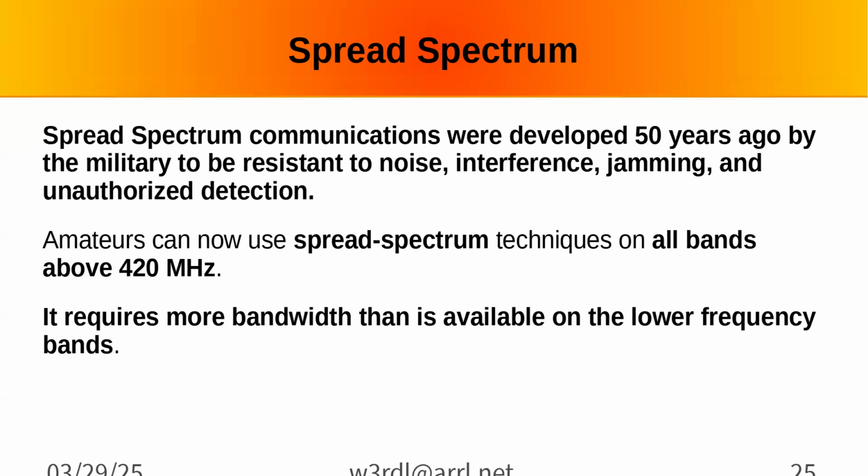They both use very wide bandwidths, which is why it's called spread spectrum, because you'll see multiple frequencies over the band. The bandwidth is one of the reasons why they only allow it for amateur, I believe, at 420 megahertz and above.